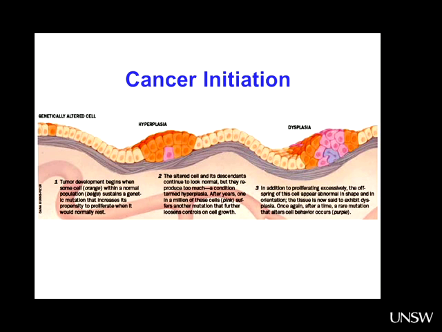But now it starts to look abnormal in shape. So here we have the ones that still look normal in shape, but these pink ones now look abnormal in shape, and they're also replicating more than they should. So dysplasia. Hyper for too much, hyperplasia, excess growth. Dysplasia, now they no longer look normal in shape. Now they're starting to be easier to detect.